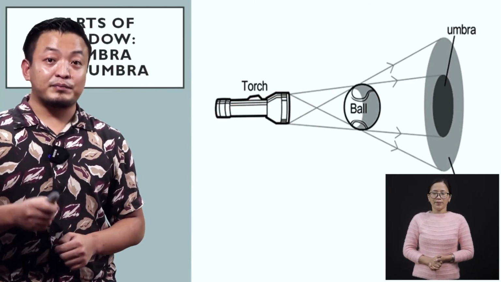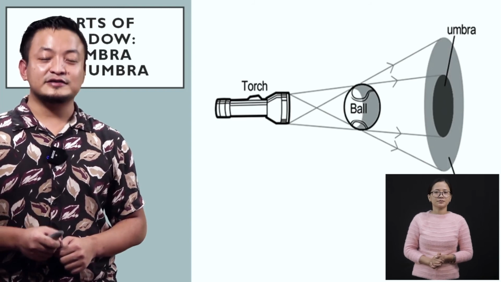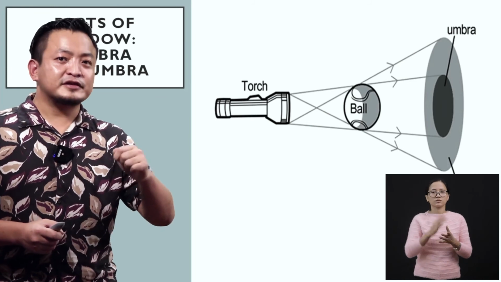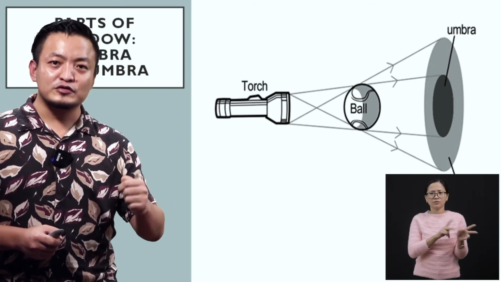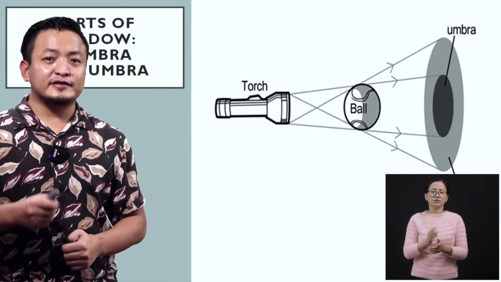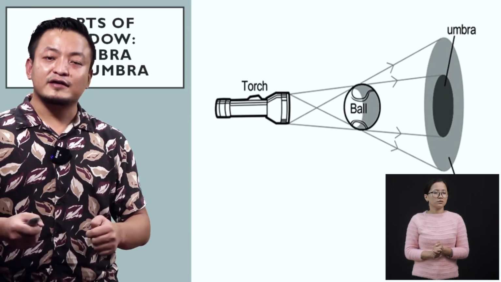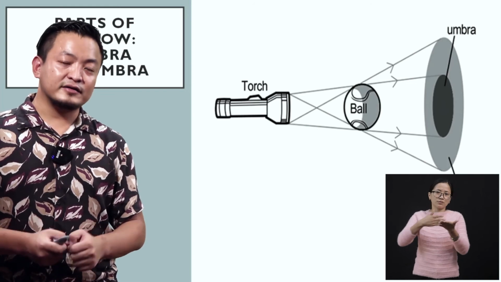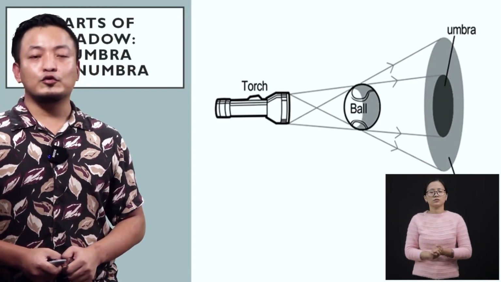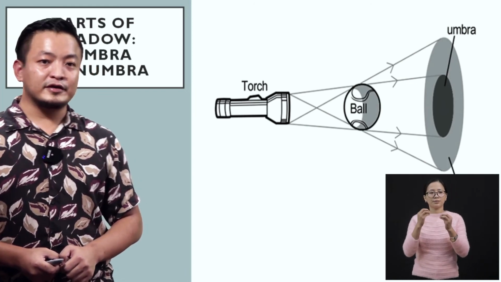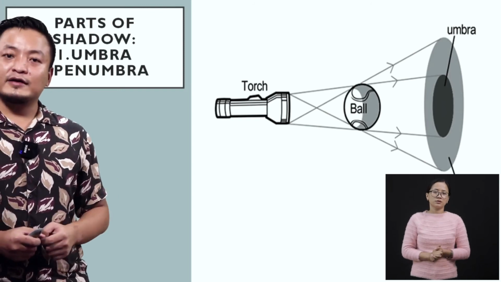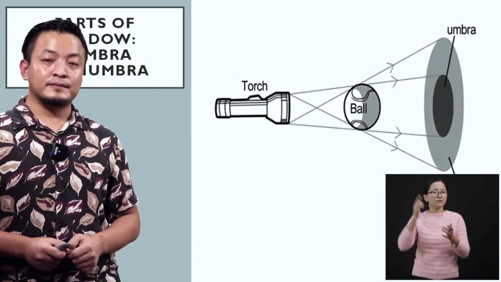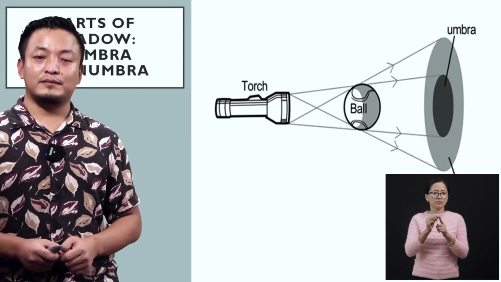So if you look at the shadow closely, you would see the difference in their color. The central part, which is dark, is called umbra. And the light shaded part of the shadow is called penumbra.